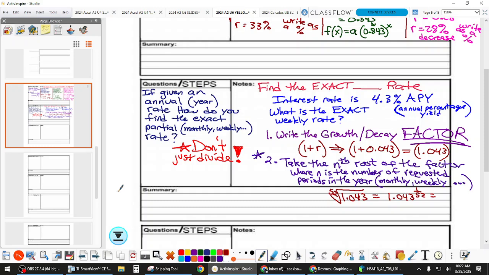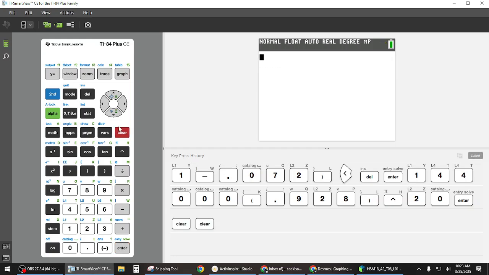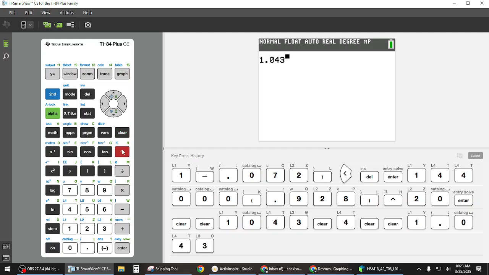Algebra 2 takes a long time to explain. Here's what we're looking at. So I'll show you this fast way first. 1.043, forgot the point. 1.043 to the 1 over 52 power.